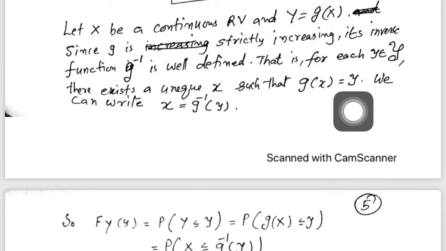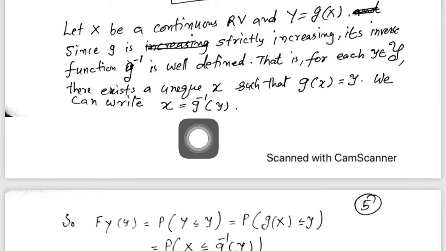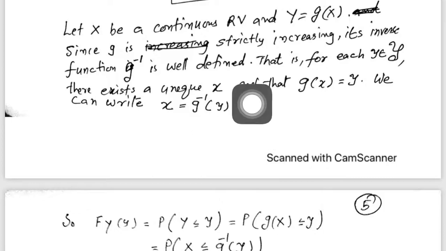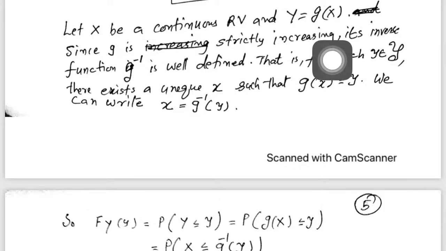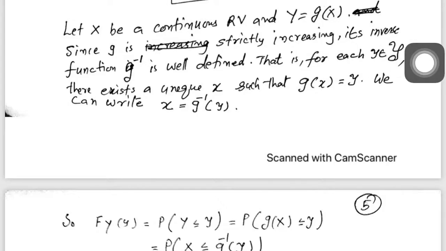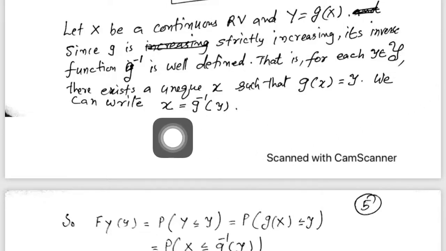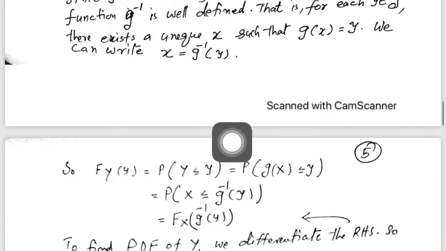That means you can find an x such that g of x equals y, and there will be only one x of this kind. So we can write x equal to g inverse of y. This is possible only because the function g is strictly increasing. If it is strictly decreasing also, you can find the value in the same way, x equal to g inverse of y, but that I will discuss later.